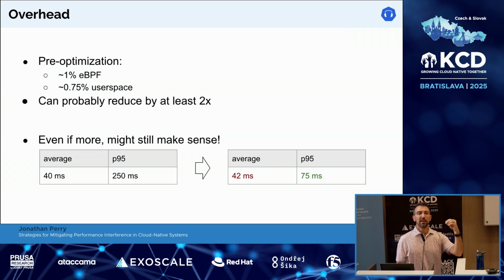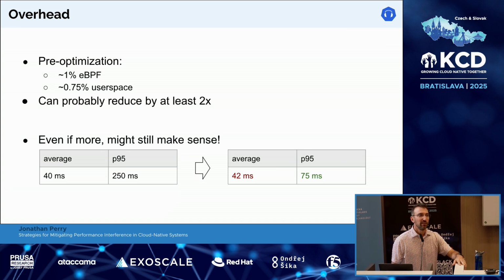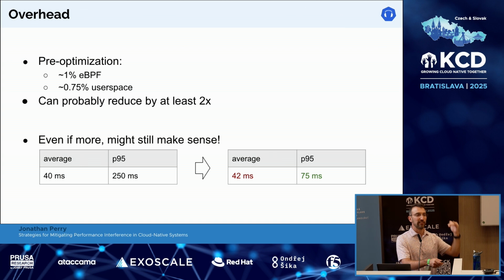But your P95 latency, if you can mitigate noisy neighbors, could reduce from 250 milliseconds down to 75 milliseconds, around 4 times. That is a super huge win. Most of the people I talk to say, yes, let's do this. So if you're able to use this to mitigate noisy neighbor, and it's an if, then overhead almost doesn't matter.